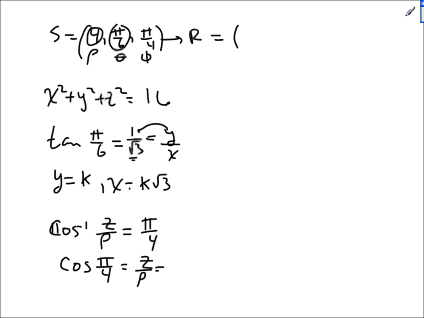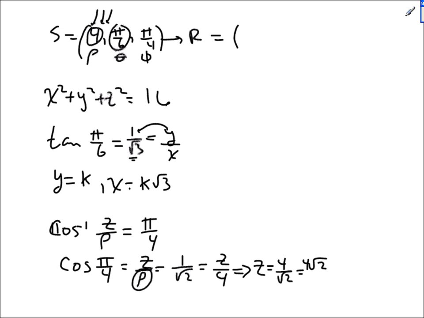But the cosine of pi over 4 is 1 over square root of 2. And z I don't know, but I do know rho. They said rho is 4. So multiplying both sides by 4, that tells me z is 4 over the square root of 2. Multiply the top by square root of 2, multiply the bottom by square root of 2. You get 2 square root of 2. z is 2 square root of 2.